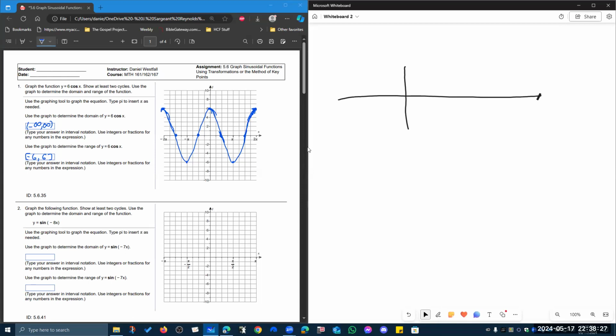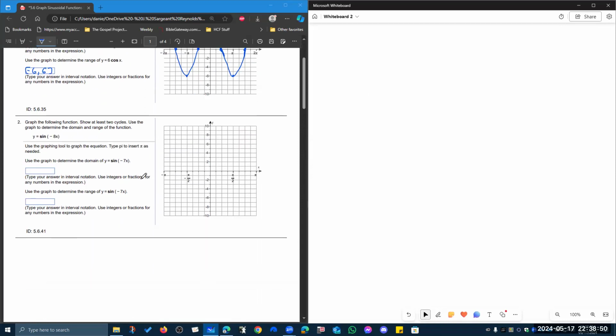So that's good. I just would have made my tick marks only at the characteristics. I wouldn't have made my tick marks at every pi over 4. I would have made them pi over 2. But that's up to you when you get your graph paper how you want to make that.